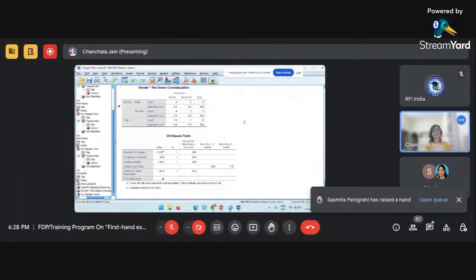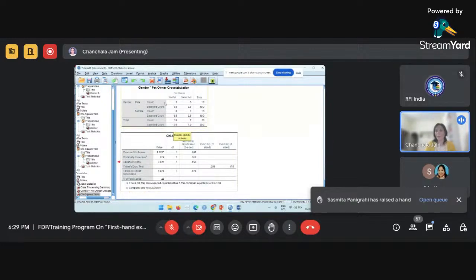Now you need to see the chi-square test table, but firstly, before interpreting this table, you need to see whether your data is meeting the assumptions or not. So you can see the footnote A is written, which says 2 cells have expected count less than 5. And total how many cells are we having? 4, right?